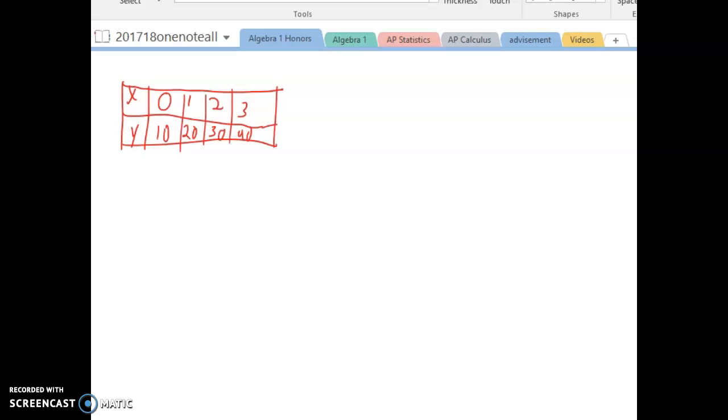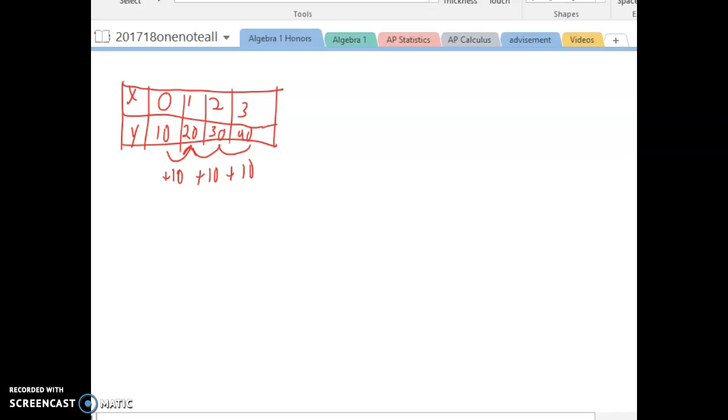So look at how the y values are changing. How do we get from 10 to 20? 20 to 30? And 30 to 40? So our first difference is a constant. That is how we learn to identify a linear function from a table.